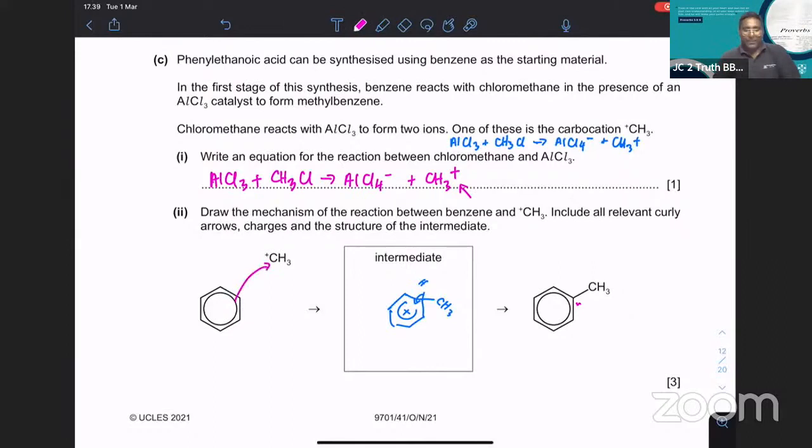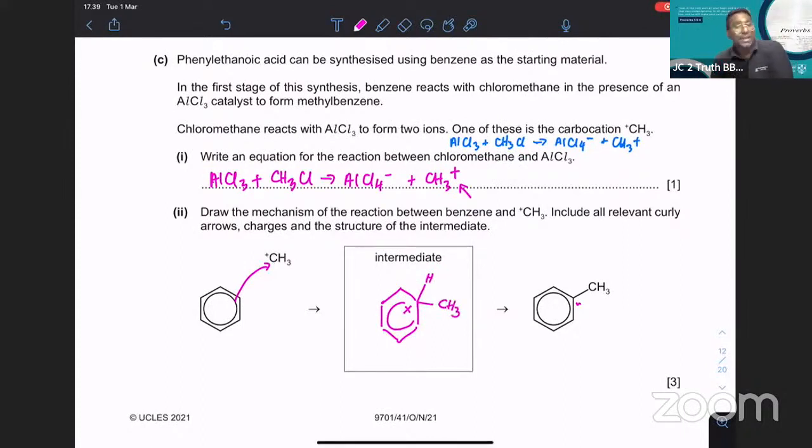So what will happen? The intermediate that we are going to have, when the electron goes there, the circle is going to be broken. So you have something like this. This is positive. You are going to have one H over there, and another one is CH3.